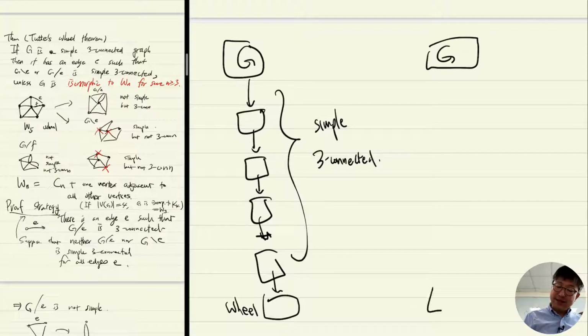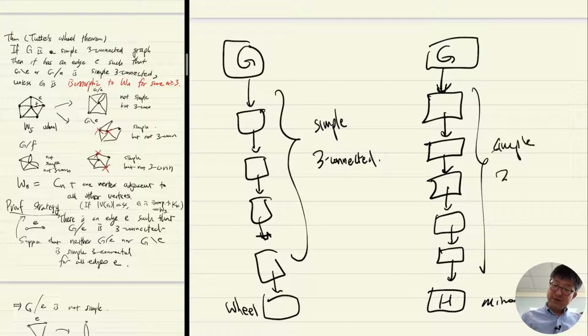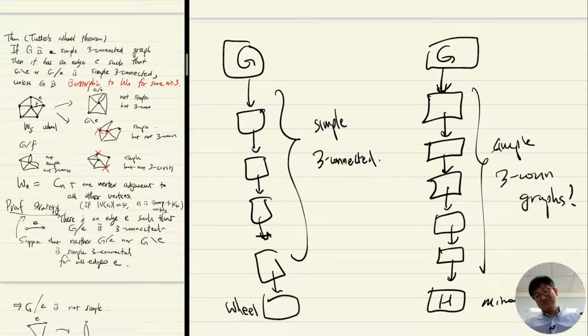So imagine that my graph G contains a certain minor H. I know that G contains H as a minor. Can I then find some chain where each step is by deleting one edge or contracting one edge? Can I find such a sequence of simple 3-connected graphs towards a different target?